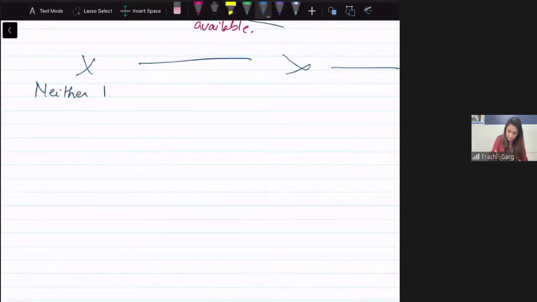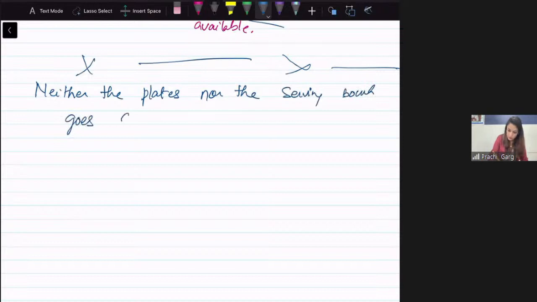Neither the plates nor the serving bowl goes on that shelf. Okay.